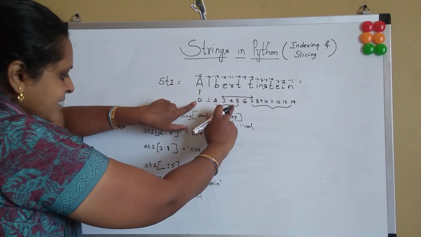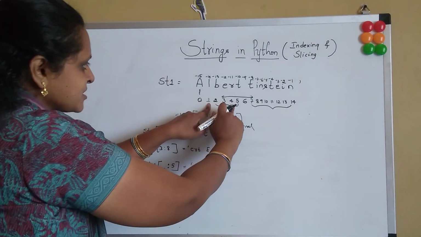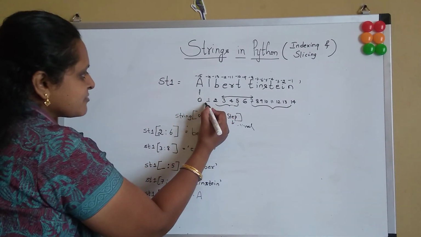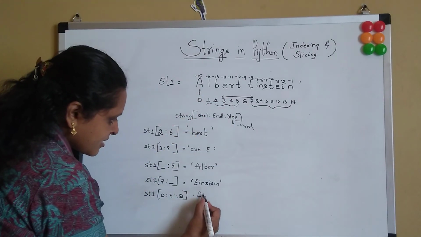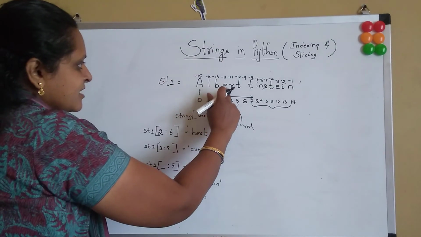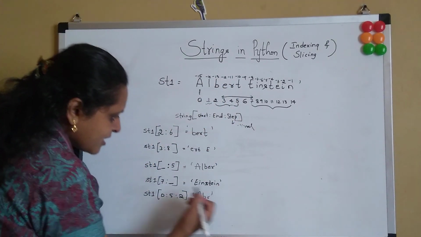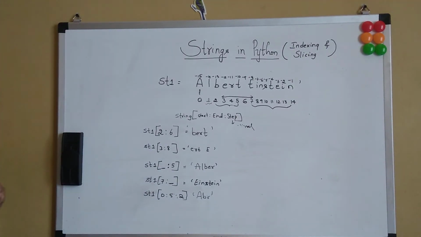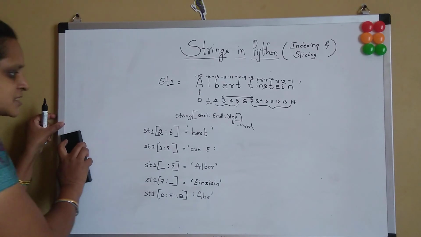It will display A, and since we have given the step as 2, it will omit the first position, omit E, and display B. And again it will omit E and display R. So the string ABR would be displayed on the screen. This was slicing for you, friends. Hope it's clear for you.